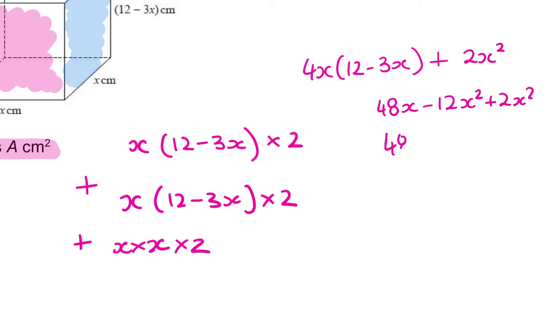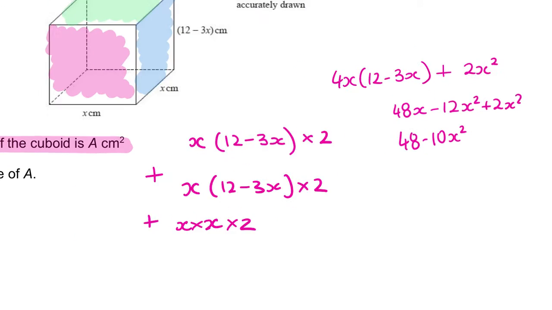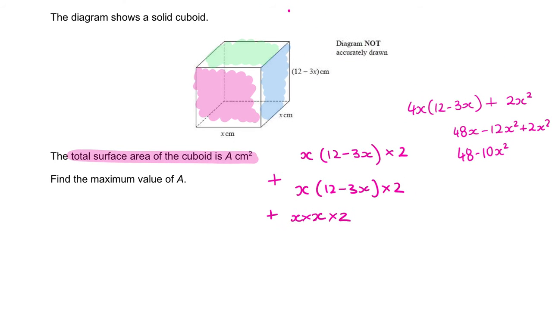I'm going to have 48x minus 10x squared. Okay, so we know that the surface area of the cuboid is A. So we know that A equals 48 minus 10x squared.